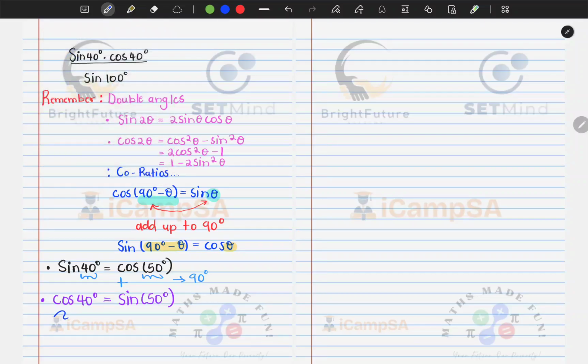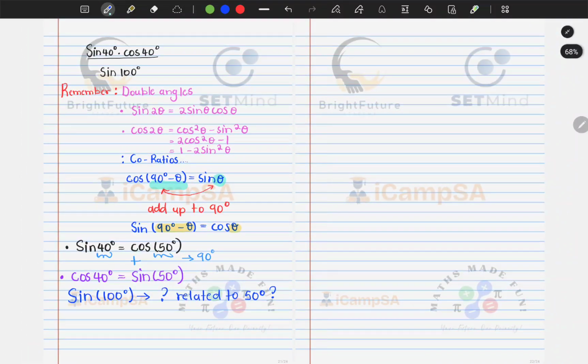But then when we look at the denominator, we see that we have sine of 100 degrees. Our question should be: is this somehow related to 50 degrees? And the answer is yes. 100 is 2 times 50, so what we have is sine of 2 times 50 degrees. According to our double angle expression, this will be 2 sine of 50 degrees times cos of 50 degrees.